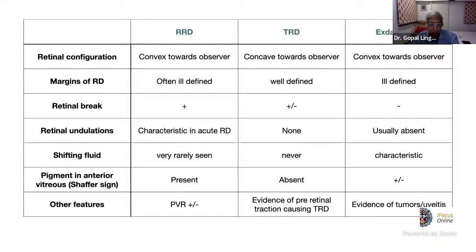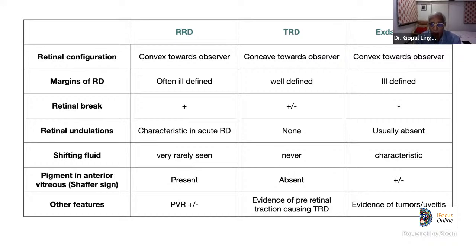A retinal break is definitely seen in RRD, while a TRD can get converted into a combined RD with the development of a retinal break. Characteristic of RRD is retinal undulations because of the retinal edema, which goes with acute RD. But once the RD becomes chronic, like in a lattice with holes, etc., you may not see retinal undulations, and you can actually misdiagnose it as a secondary RD.